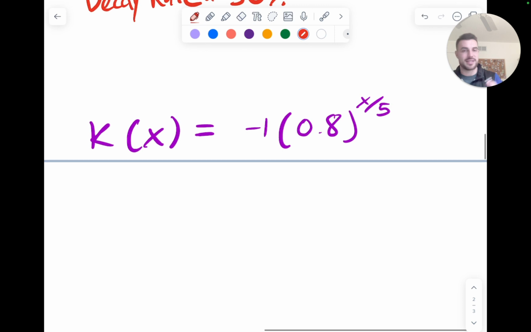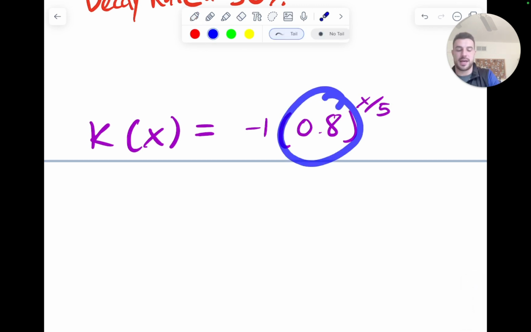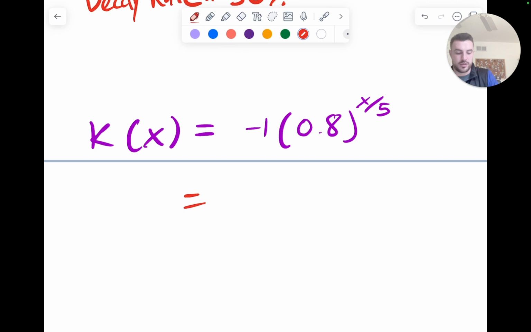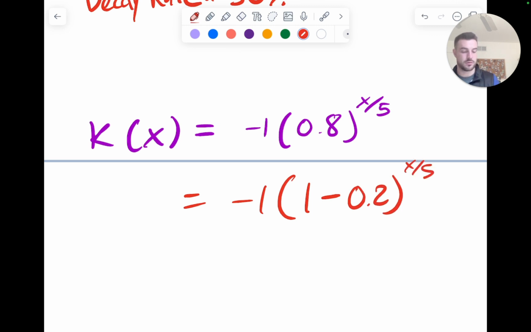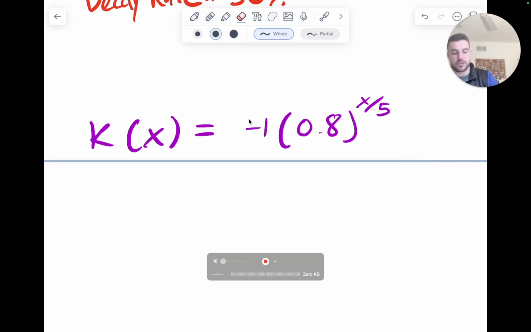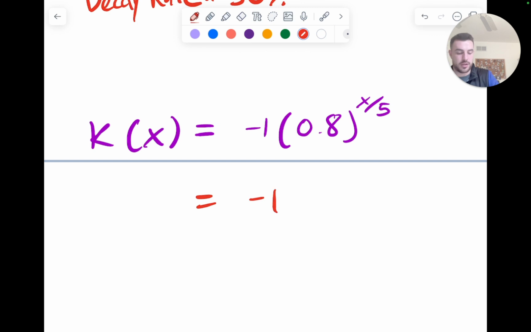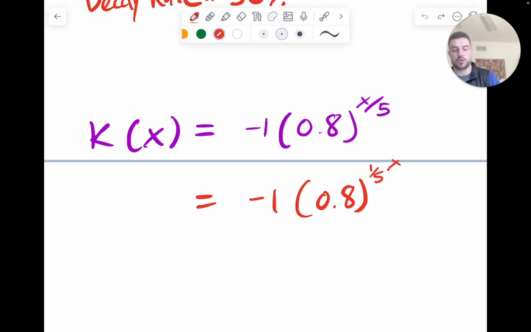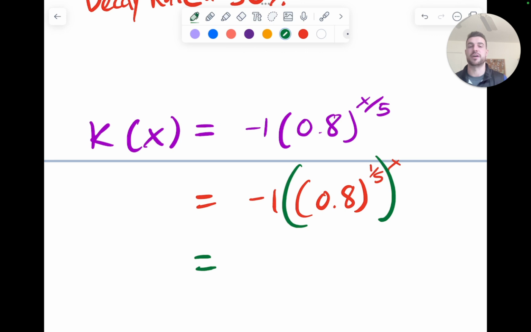Real quick, this one's exactly the same except we have exponential decay. So this would be rewritten with a negative in front, 1 minus 0.2. Well, we don't need to do that just yet, right? Because we still have our value in our exponent. So what I'm actually going to do is I'm going to do that rewriting -1, 0.8, 1/5, and x. And again, I'm just going to group together my base in the exponent to simplify.